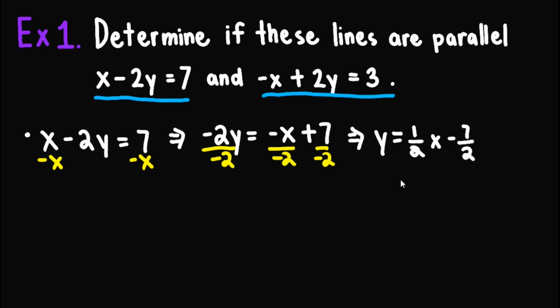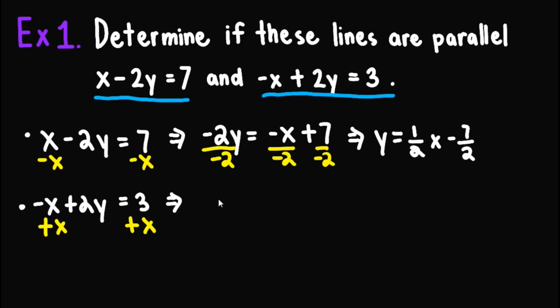We do the same for the second equation. So we have here negative x plus 2y equals 3. What we do is we add x on both sides of the equation to isolate y again on one side.